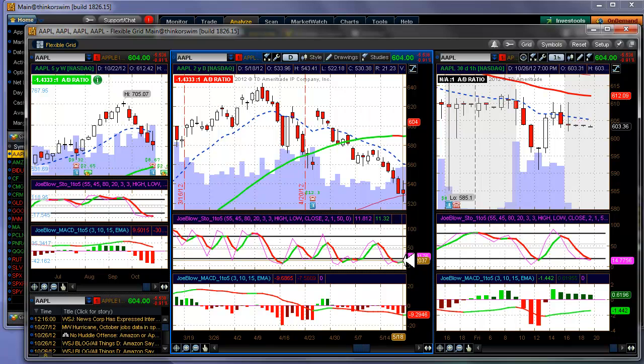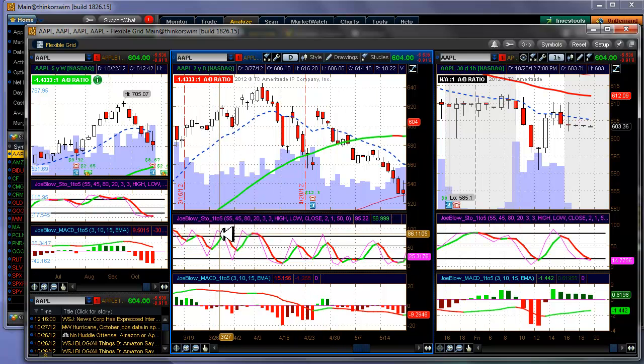And on the stochastic side of it, we've dipped below the 20. Looking back historically, especially if it's in an upward trend and it dips below the 20, this is not a good case here. You had a 1 day up day, and then you had 3 downs in a row.